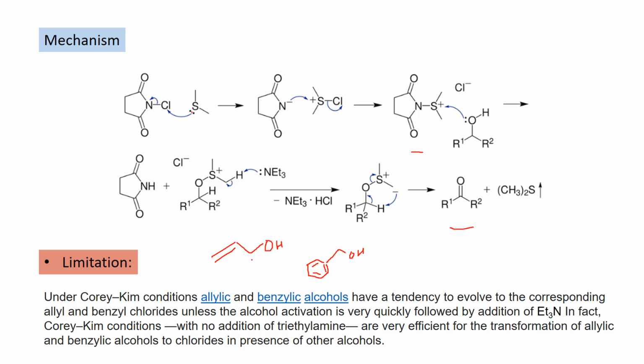Due to the conjugation, this position is highly electrophilic and resonance stabilized, so it may undergo an SN1 type of reaction, and because of that it will get removed and form this chlorine-substituted product.